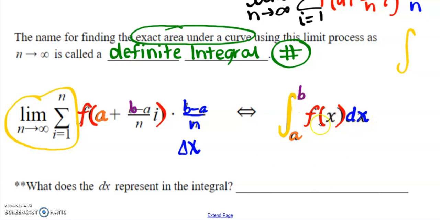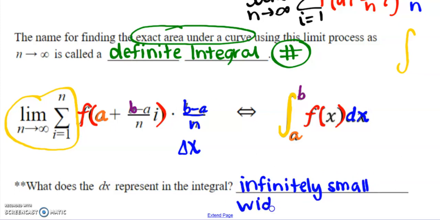So f of x represents the height, dx then represents the infinitely small width of each rectangle. Because as the number of rectangles gets big, the size of each rectangle gets infinitely small.